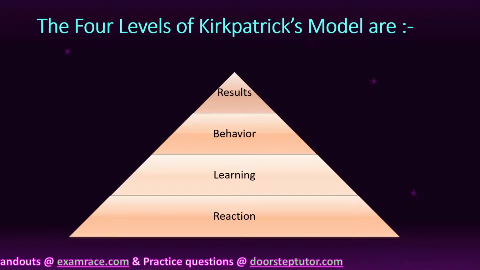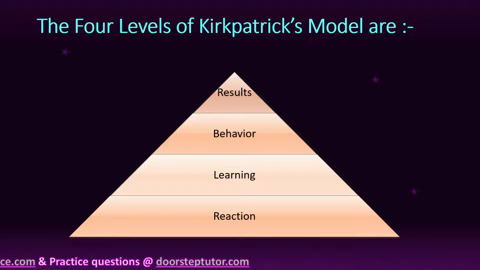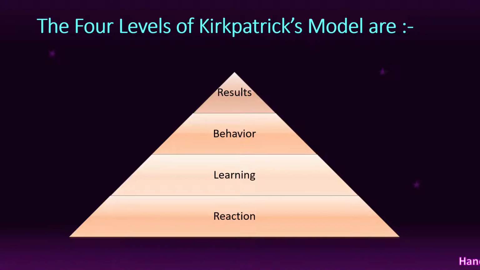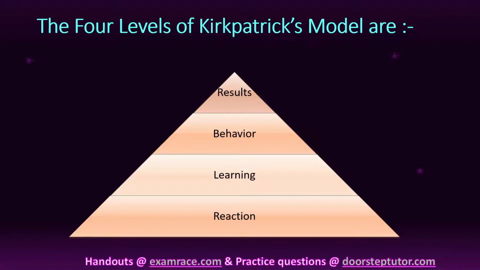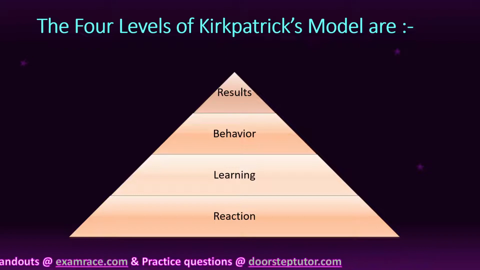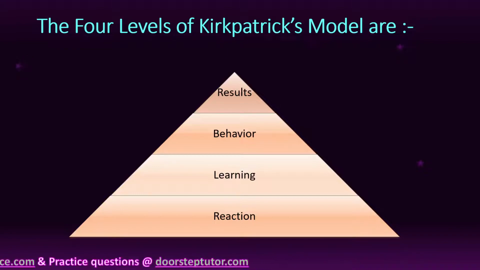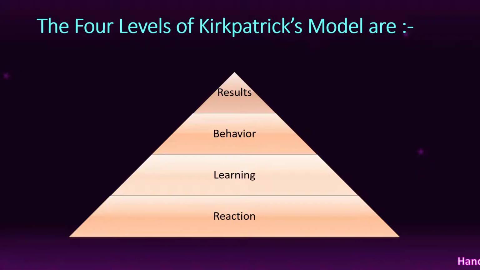Reaction is the first level, learning is the second level, behavior is the third, and result is the fourth level. All these levels are interconnected to each other, and by using these 4 levels, Kirkpatrick evaluates the training program. He also evaluates the curriculum program by using these 4 levels: reaction, learning, behavior, and result.